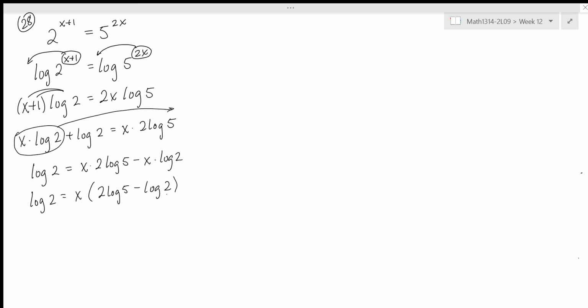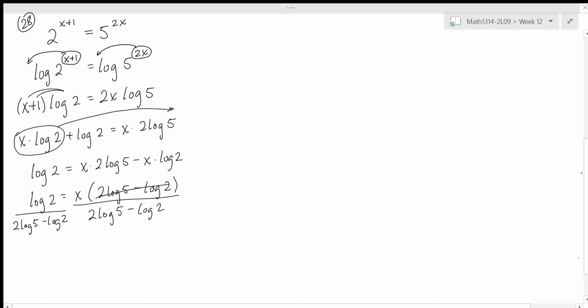And now I'm to the last step. Now what can I divide both sides by? You have to divide by what's being multiplied by the x. 2 log 5 minus log 2.